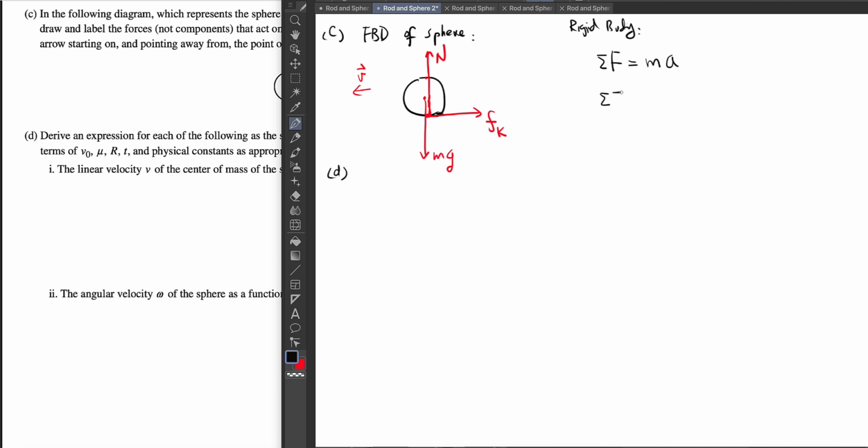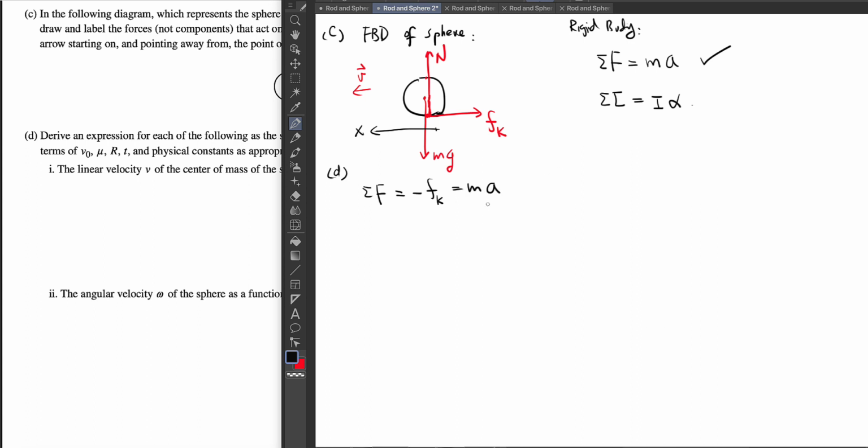Now for rotation, you want to write down net torque equals I times alpha. So the net force along this direction, let's say I pick the positive x direction to the left side. That's positive. Then the force here will be negative. So the net force is negative Fk equals ma.